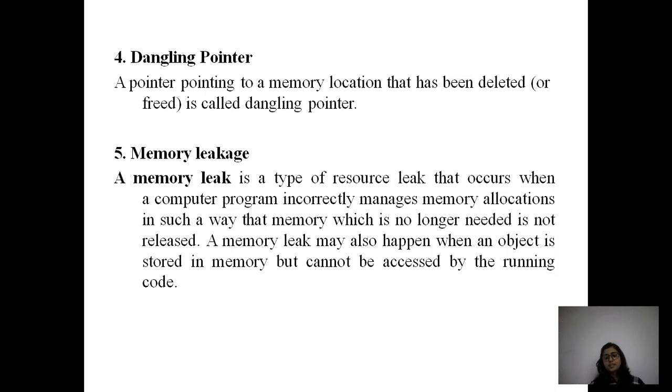Let's suppose the variables are not in use now, but the memory is wasted, because those variables are still there although they are not needed. At that time we have a memory leak. Or we can say that a memory leak may also happen when an object is stored in memory but cannot be accessed by the running code. Let's suppose you just create an object which is stored in memory and do not use it. That means that is a wastage of memory. That concept is known as memory leak.